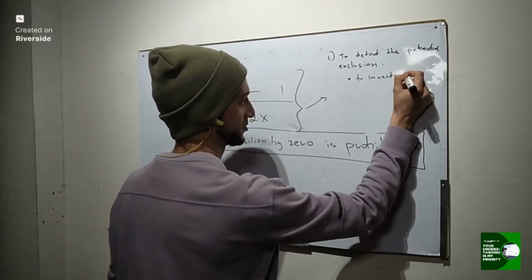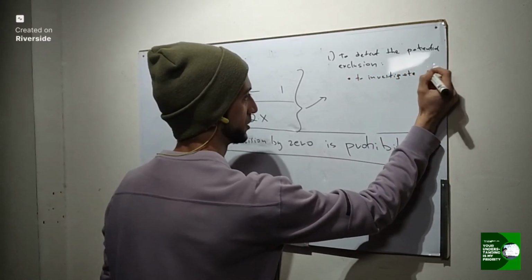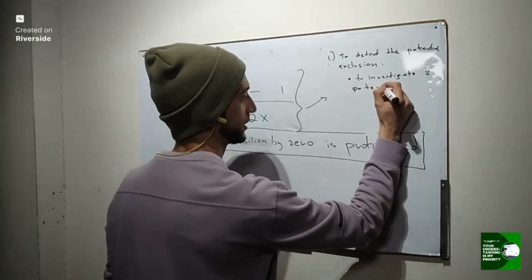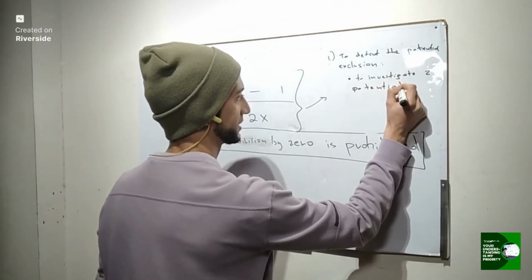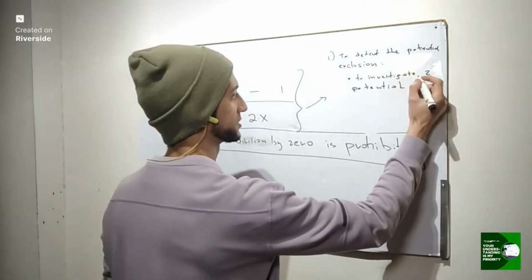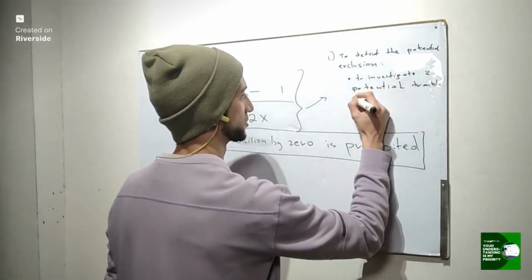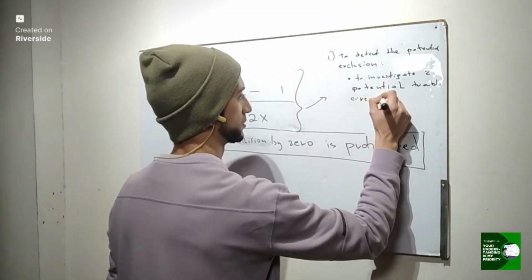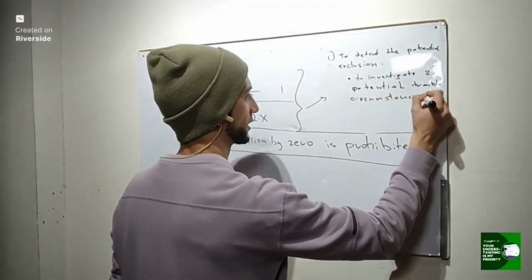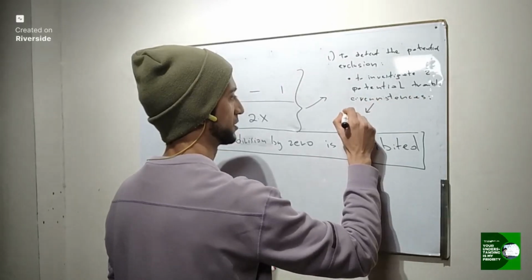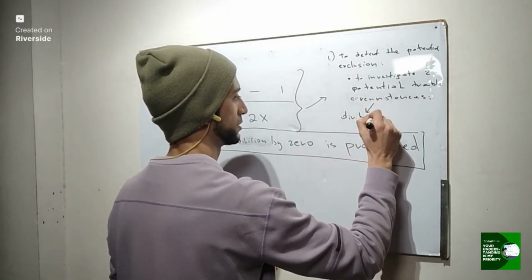And there are two kinds of potential troubles with real numbers. It's division by 0, or it's a negative number inside of an even radical. To investigate two potential circumstances. Now, division by 0, okay, you got that. That's one, division by 0.